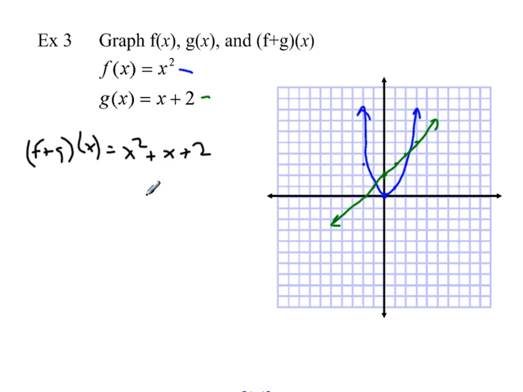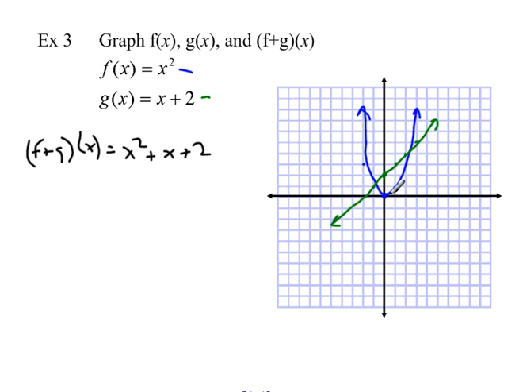Now at this point you could pull out your calculator, you could choose some x's, find some y's. We could actually do a number of different things here to graph this. Let me show you a shortcut way. Let me show you a way that actually works for any kind of combinations of functions. Since we're simply adding these two functions that we know how to graph, let's just add those points, those y values.